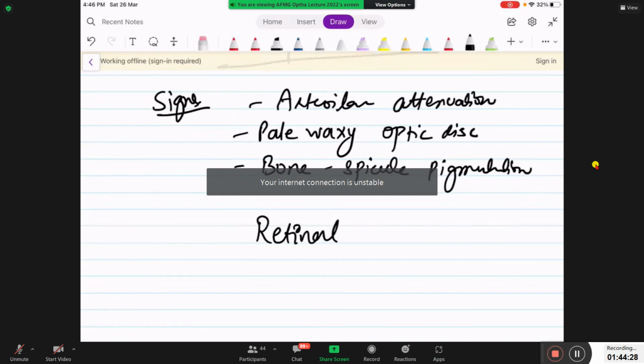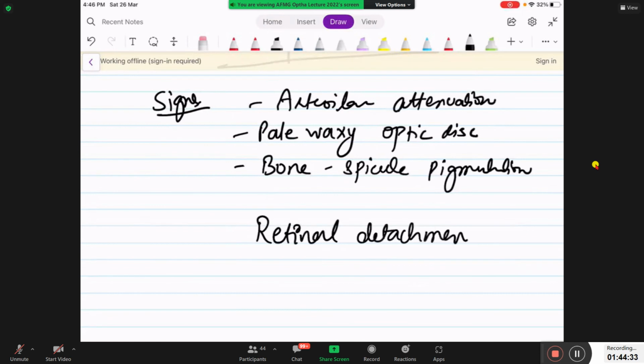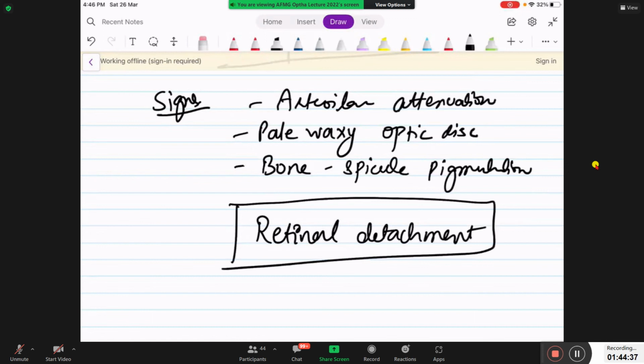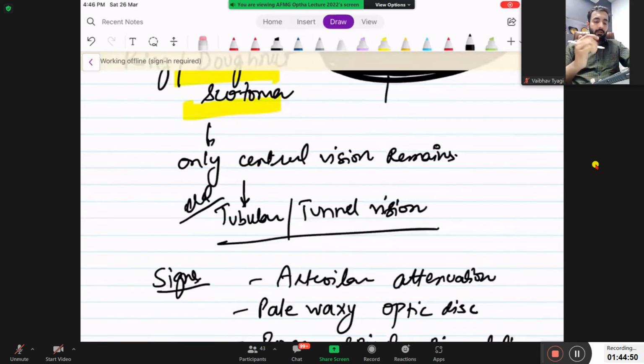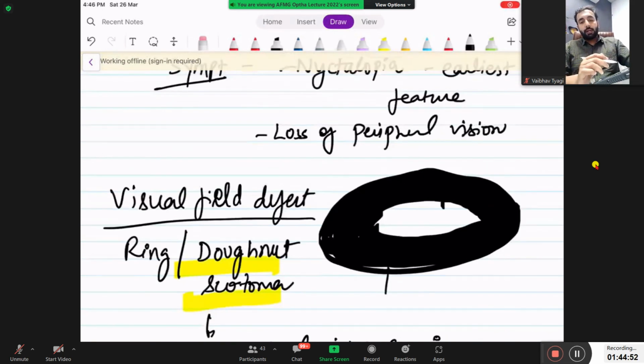Now the last topic, write down retinal detachment. But first try to understand the tunnel image once again. Tunnel image means the periphery is gone.